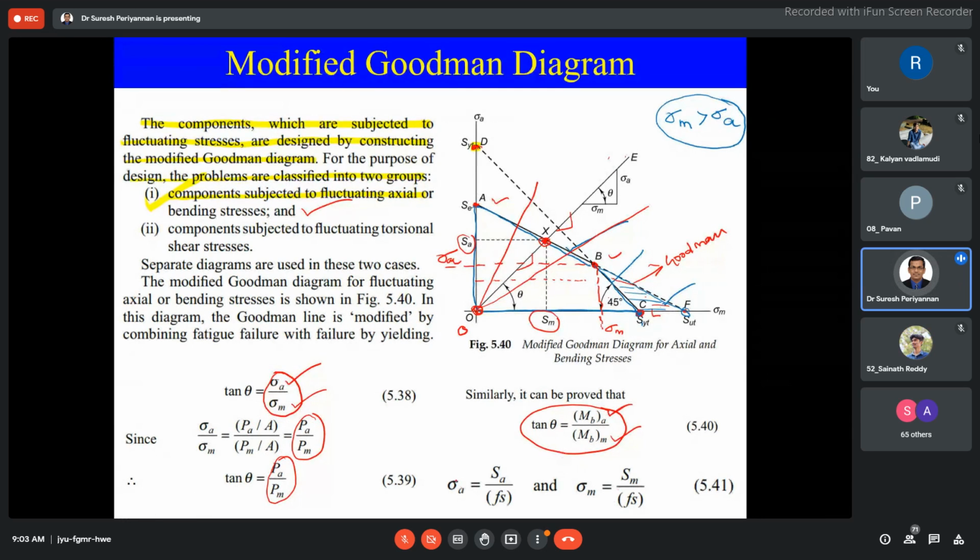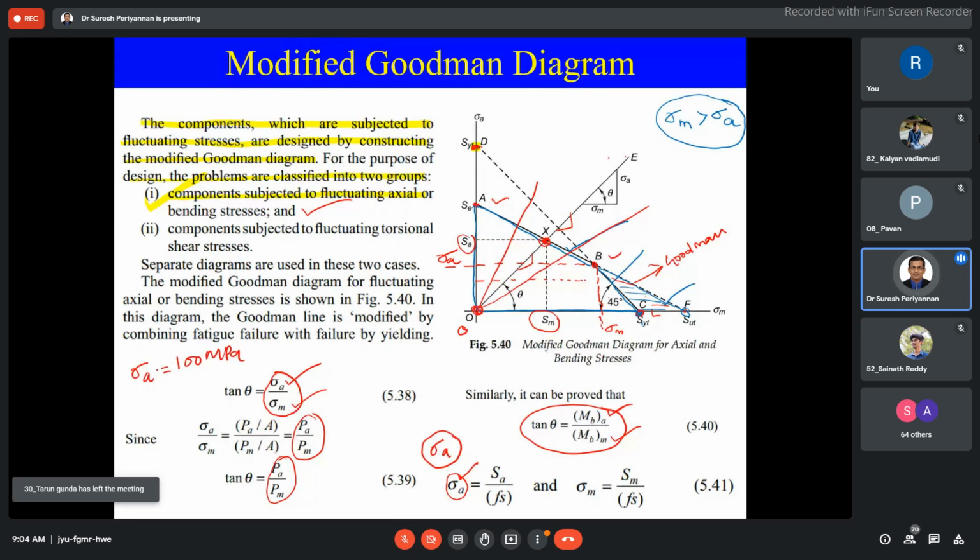Now sigma A is always our applied stress amplitude, or measured stress amplitude, from the component. Suppose my stress amplitude SA, if I am using some factor of safety, I can still extend the life of the component. Suppose sigma A for the component is 100 megapascal.